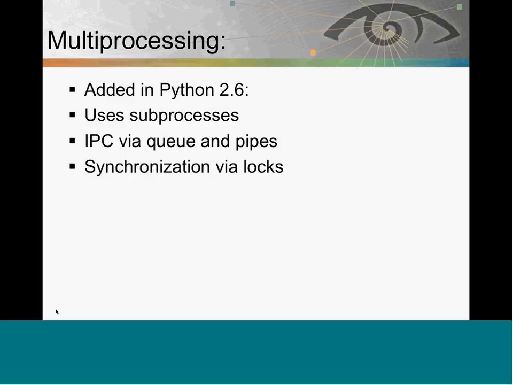Multiprocessing was added in Python 2.6. It does the communication between the processes using queues and pipes, and for synchronization, it uses locks.